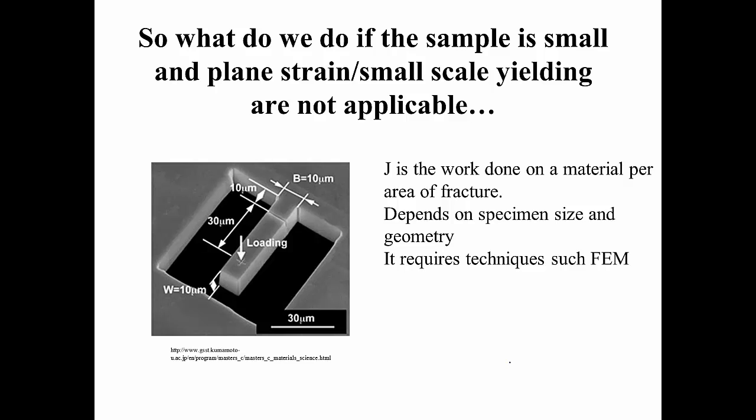In some cases you will be able to satisfy these conditions, but in some cases you will deal with geometries that are by default very small, and as a result, those conditions are not going to be satisfied, and you have to deal with that. I'm not going to discuss too much about this. I will just mention the existence of a technique that is based on what's called the J integral.